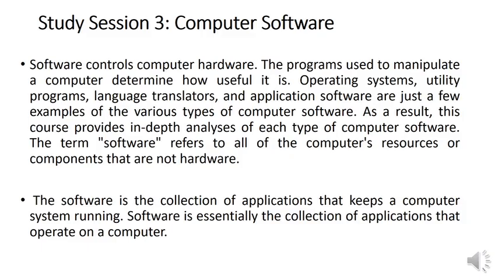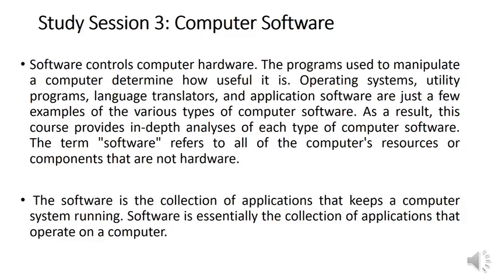We are going to be talking about computer software, which controls computer hardware. It is the software that governs the affairs of the hardware. So the program used to manipulate a computer determines how useful that particular computer is.